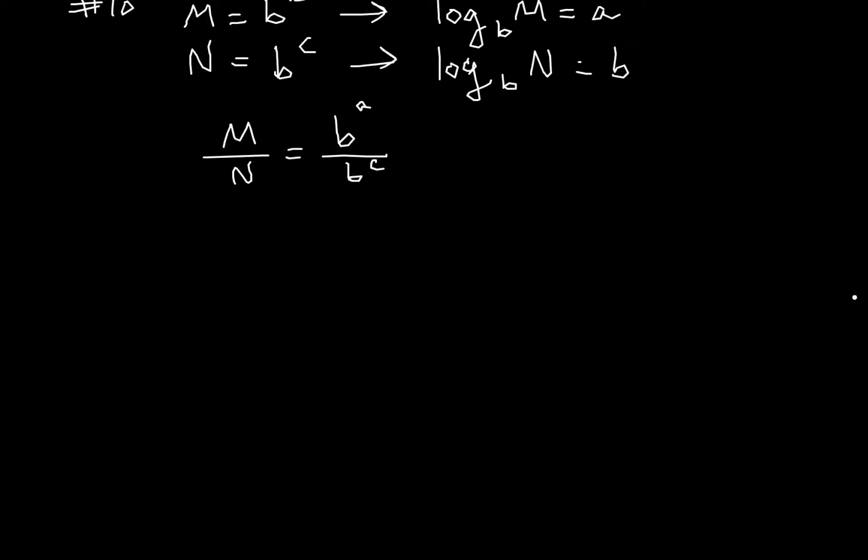If we take the log of both sides, we would say log base b of m over n equals the log base b of b to the a minus c, because we're going to subtract the exponents.